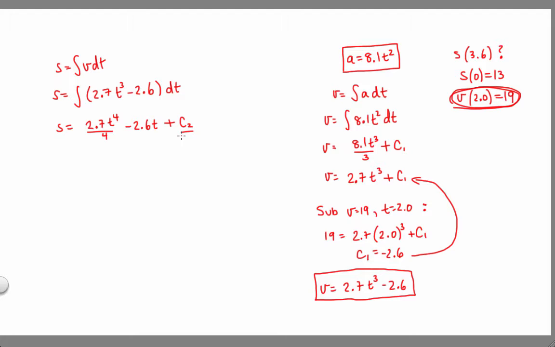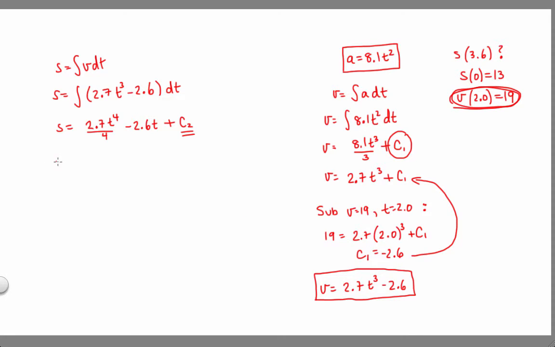So I'm going to call this constant here C2. It's important to give it a different name than the constant C1 that we used earlier, because this new constant C2 may well have a different value. In fact, most likely will have a different value than the constant that we used earlier.